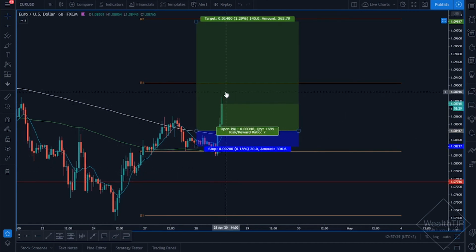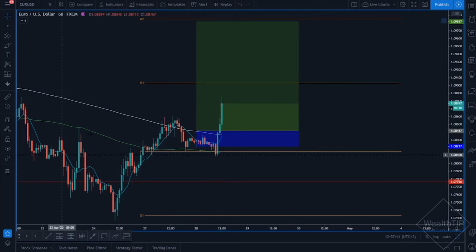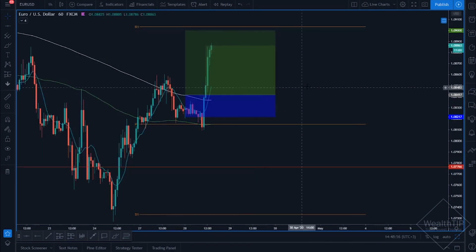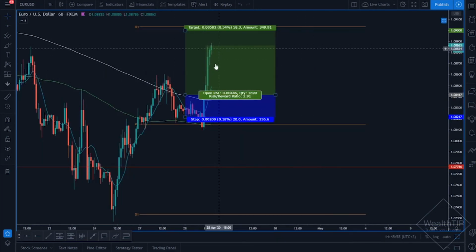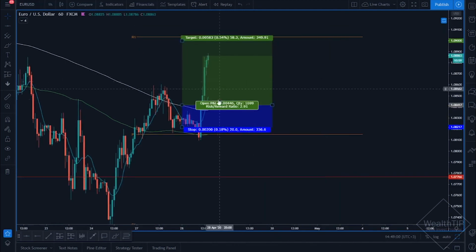So I guess it's just a case of waiting and seeing how long it's going to take for the market to get to our first target. But for now, I'll just go ahead and press pause, and I'll come back to you as soon as we have commentary.